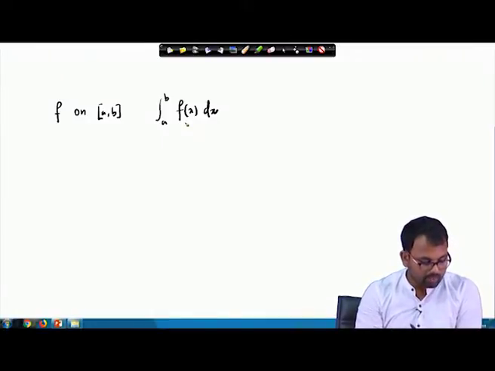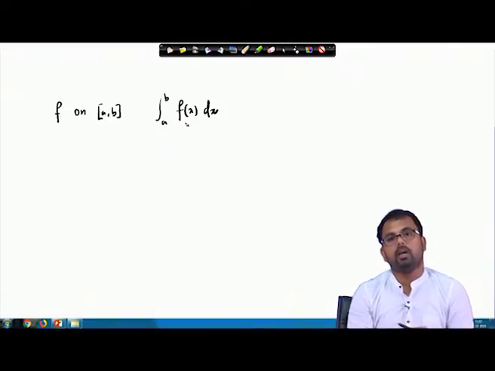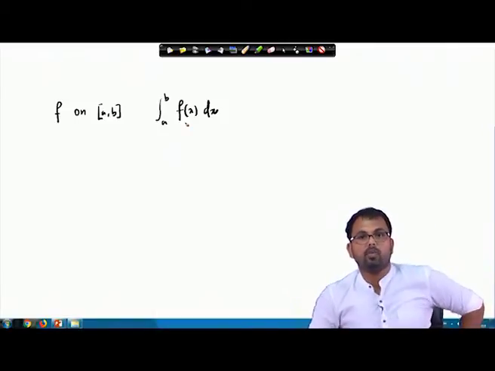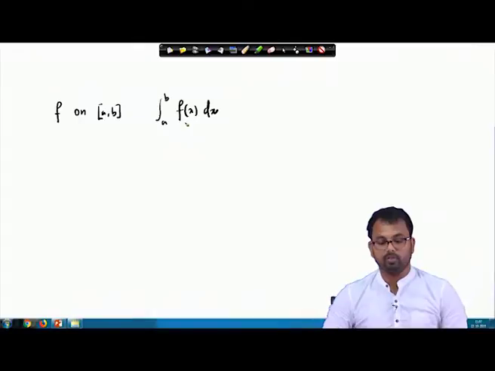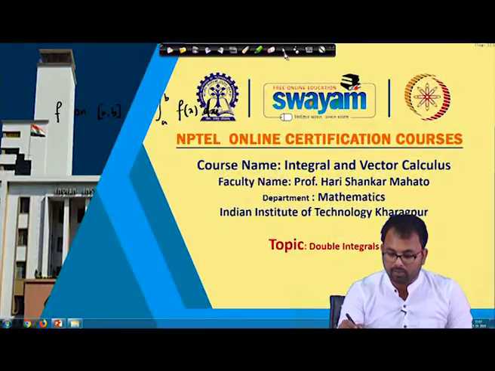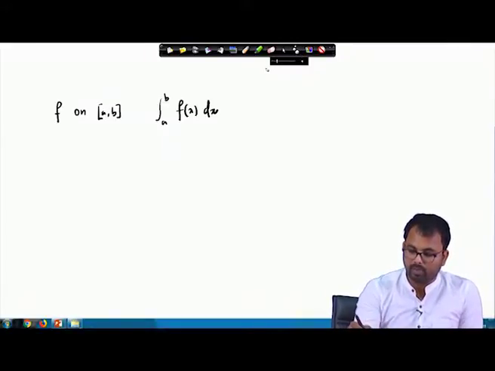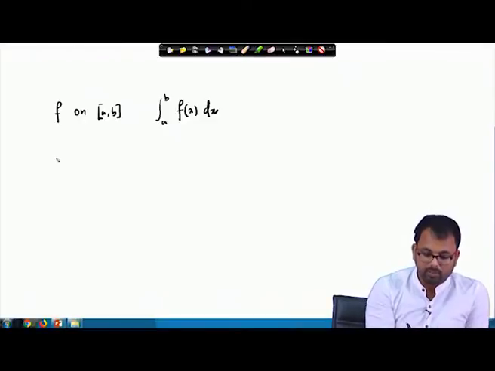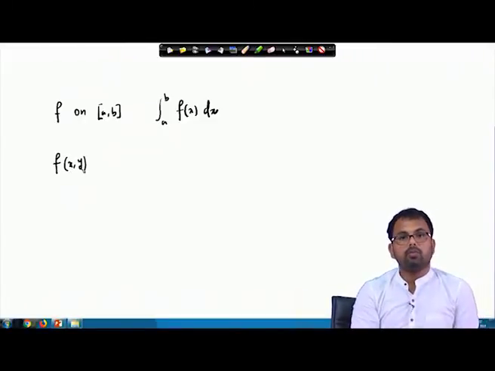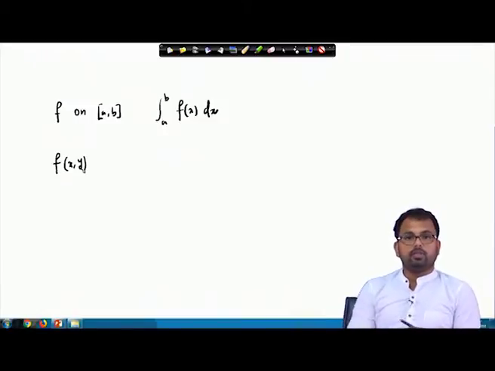Now, an interesting question one could ask in this context is what happens for a function of two variables, say f(x, y). What would happen with the integration of such functions?